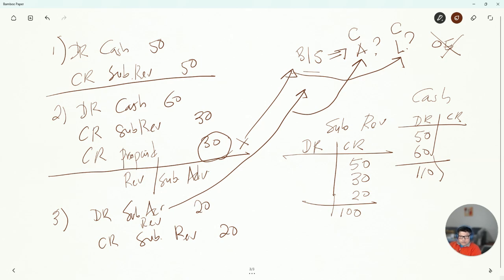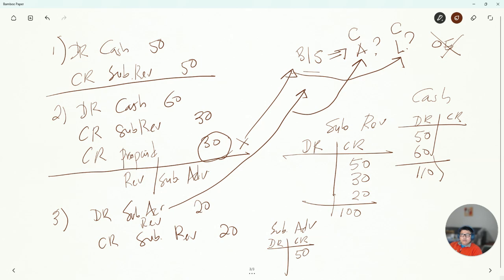So if you draw subscription in advance, debit and credit, look at the first one, you got a credit side of 50.